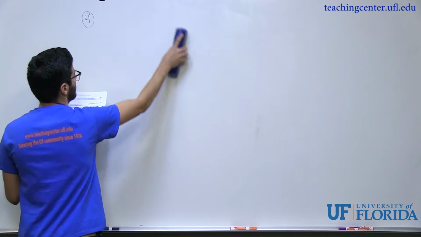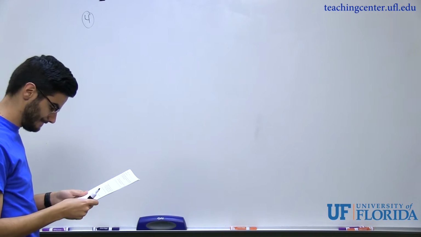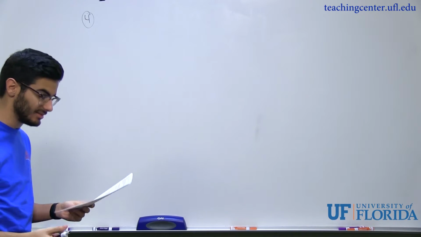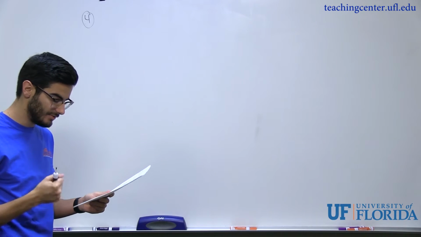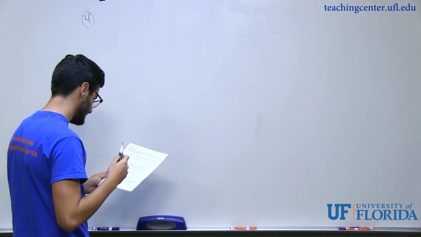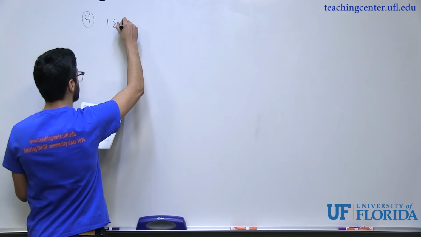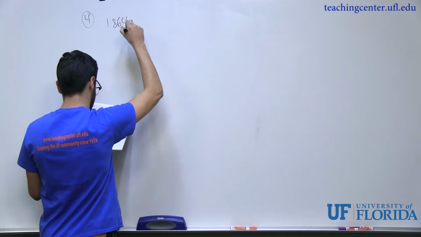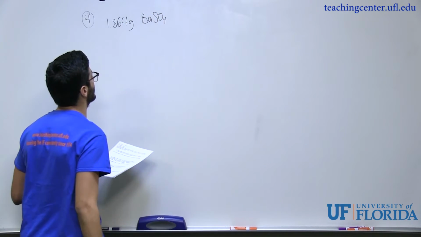Well, we know first off, we started with BaCl2, and then we added sulfuric acid, which was in excess, which is really important because that lets us know that the limiting reactant was our barium. So they told me we ended up getting 1.864 grams of BaSO4.